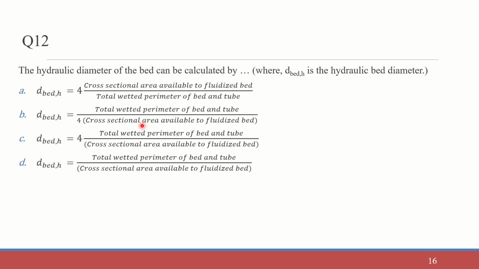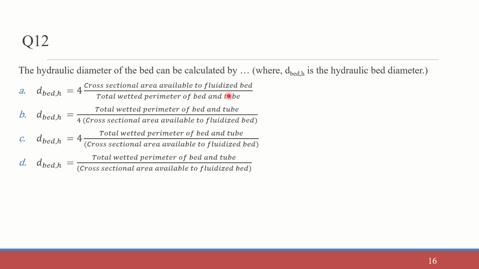Now the answer to this particular question is option A, where the hydraulic diameter of the bed is 4 into cross sectional area available to fluidized bed divided by total wetted perimeter of bed and tube. This is the way we mostly calculate the hydraulic diameter, that is 4 into cross sectional area divided by wetted perimeter.